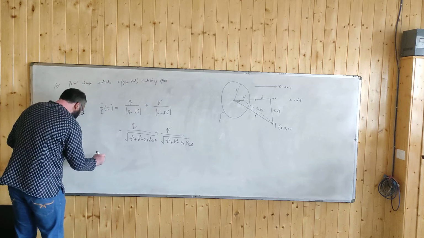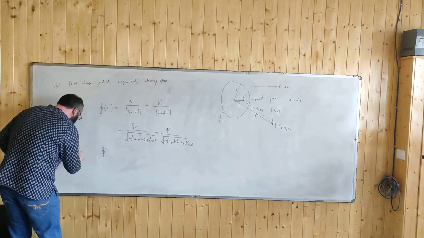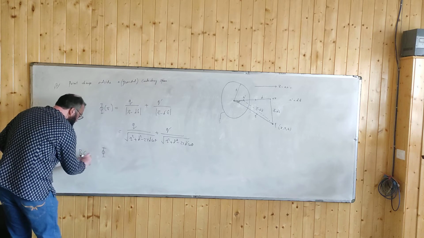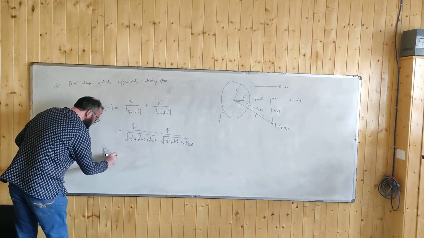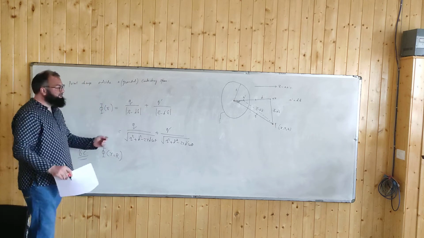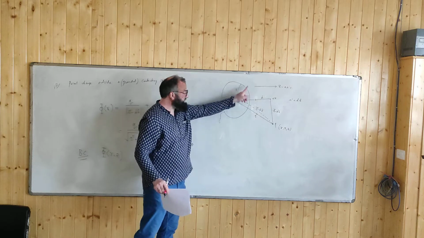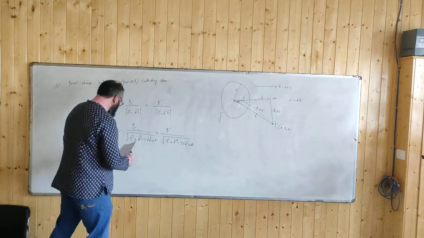So let's apply the boundary condition. Phi at the surface, when r is equal to capital R, on this very surface, what is the potential? It's equal to 0.